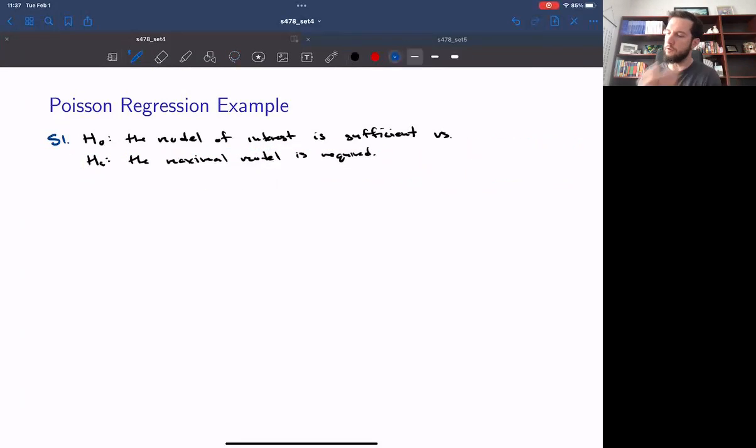Okay, so then on step 2, if we follow the way that I do hypothesis testing, we would declare a significance level. So we'll just use the standard, let's say 0.05. Okay, so then on step 3, we have our test statistic, which is the deviance. In our case, this is the 1.8947 that we computed on the previous slide.